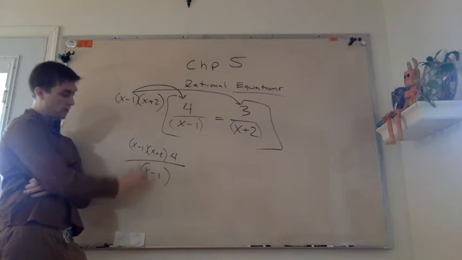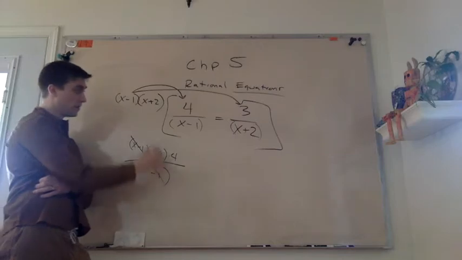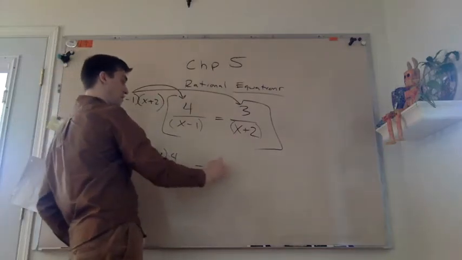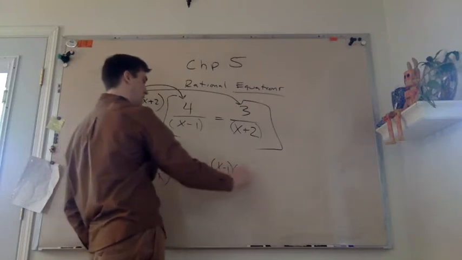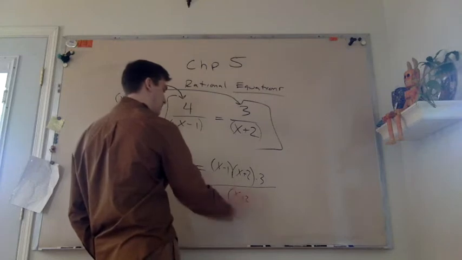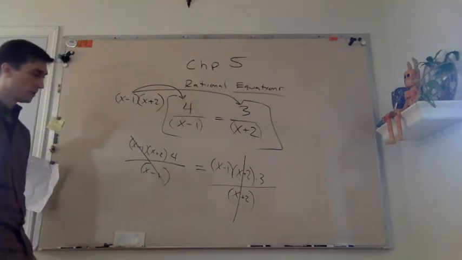Why this is cool is because you got an x minus 1 on top and an x minus 1 on bottom. So those cancel. When you multiply this by this, you get x minus 1 times x plus 2 times 3 divided by x plus 2. And now you can see you have an x plus 2 on the top and x plus 2 on the bottom. So those are eliminated.